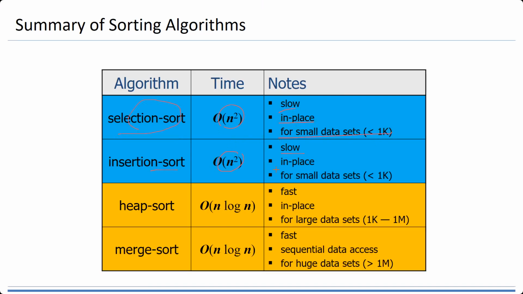It is also slow, in place, and good for a small data set. Heap sort, I did not explain this one, but the idea is the same as the merge sort. It is n log n, it is fast, it has sequential data access, and it is good for huge data sets. Okay.